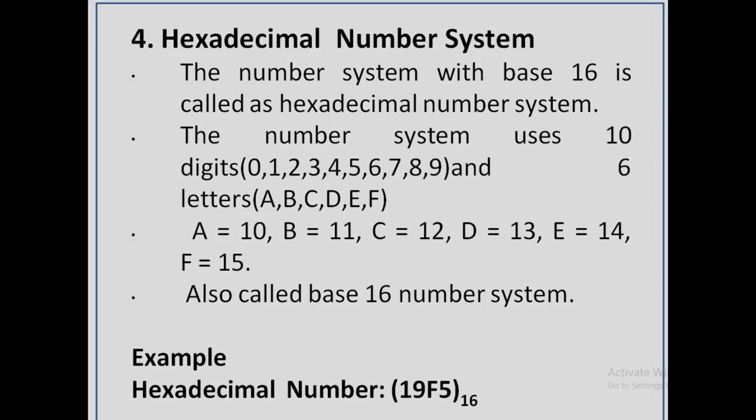Here A indicates the 10, B indicates the 11, C is 12, D is 13, E is 14 and F is 15. Also this number system is called as a 16 base system. Now we will see the example of hexadecimal number system, that is 19F5, and after bracket completion there is a 16. That 16 indicates the base of the number system.